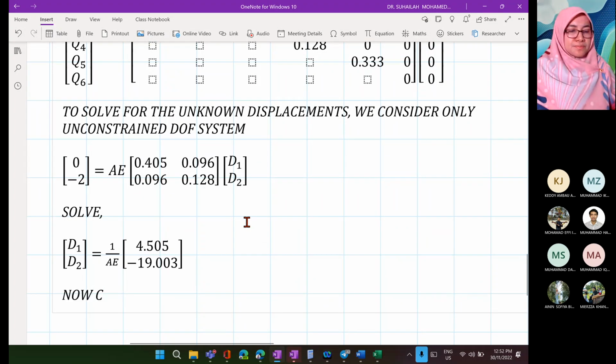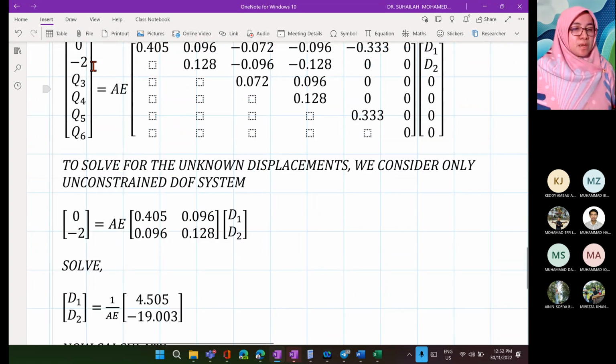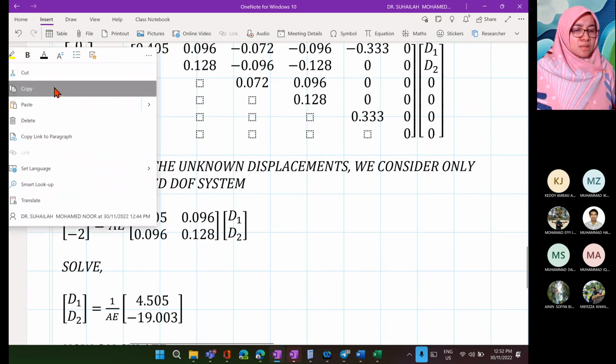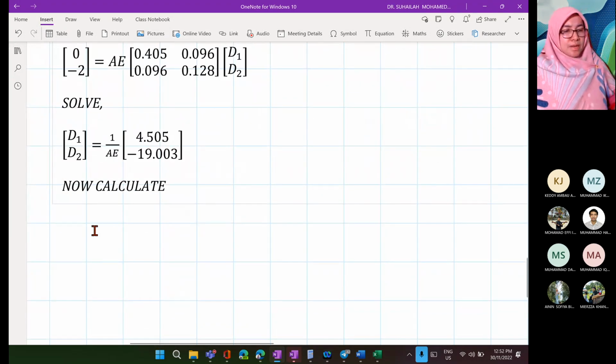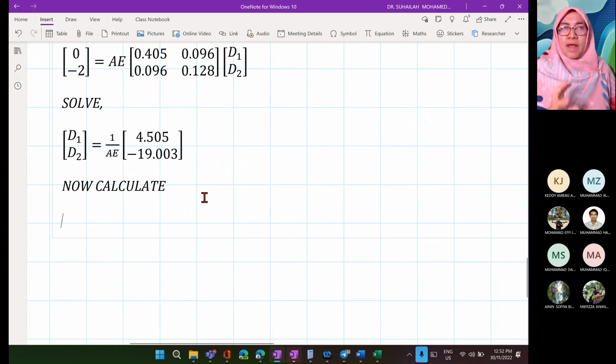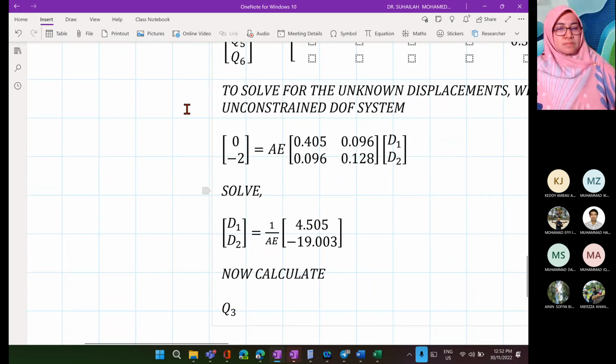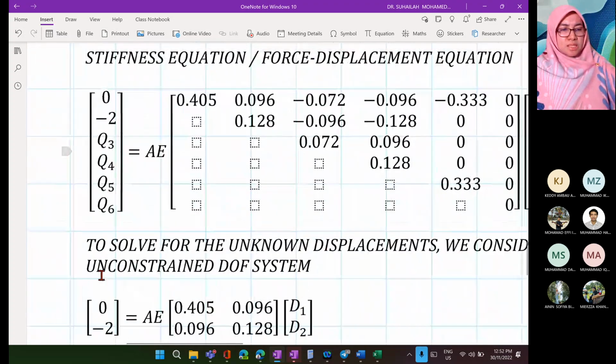Now calculate Q3. Can you calculate Q3 after you have determined D1 and D2? Calculate Q3 using this.